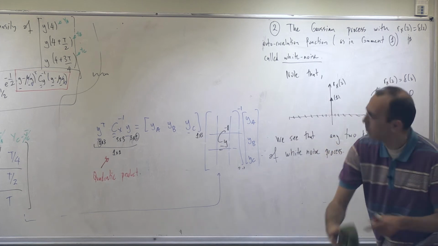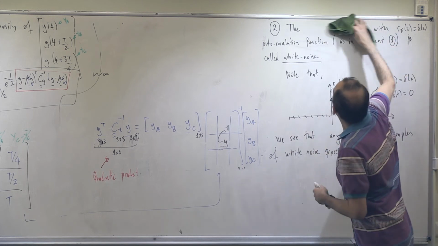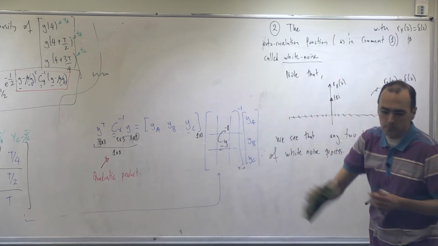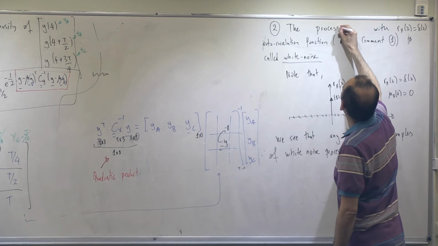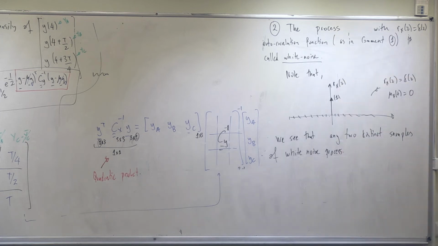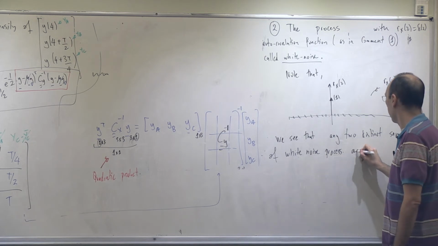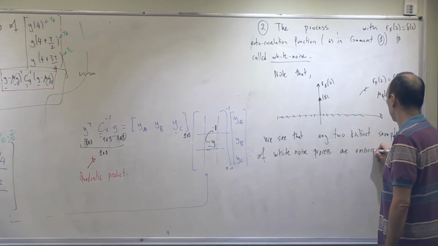I will erase this part because it doesn't have to be Gaussian, it's more general. The process with this autocorrelation being impulsive function, as in comment 1, is called white noise.